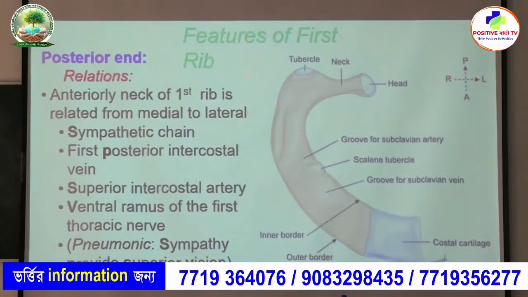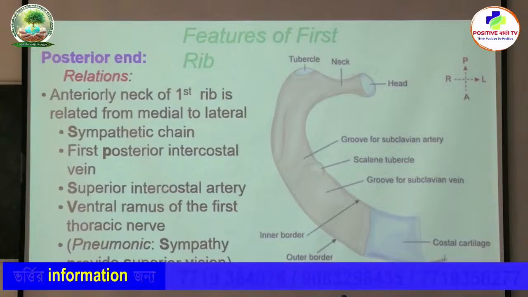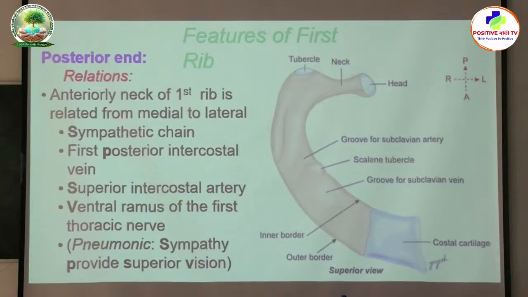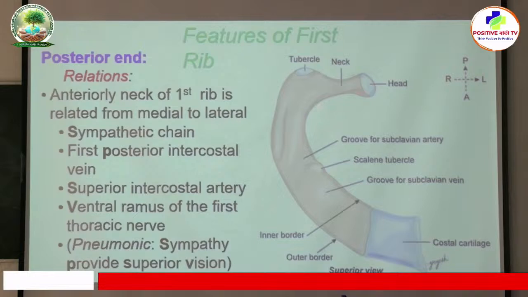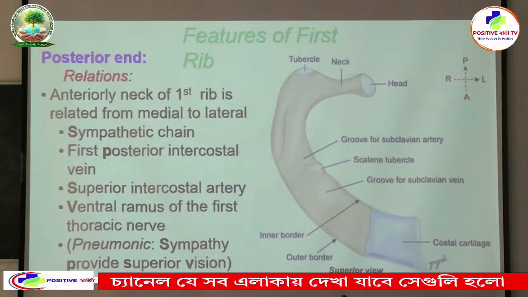Next we go to the posterior end. Relations: anteriorly, the neck of the first rib is related from medial to lateral. Here, on the anterior surface of the neck, from medial to lateral lie the sympathetic chain, the first posterior intercostal vein, the superior intercostal artery, and the ventral ramus of the first thoracic nerve.